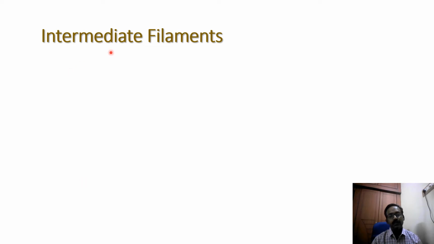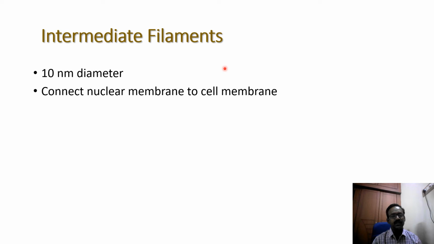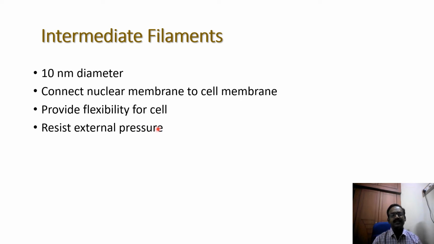The intermediate filament is 10 nanometer in diameter. It is made up of various subunits. This filament connects the nuclear membrane to the cell membrane. The intermediate filament provides flexibility for the cell and helps it resist external pressure and stress.